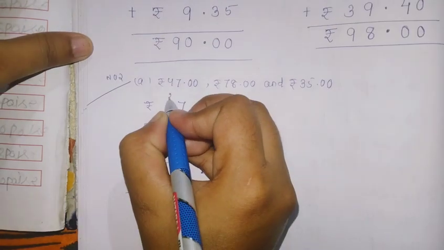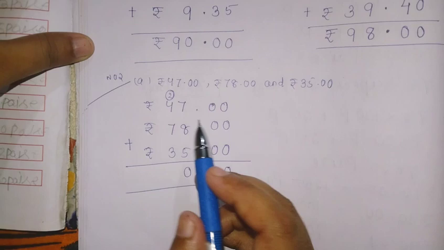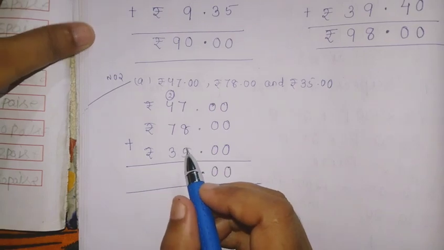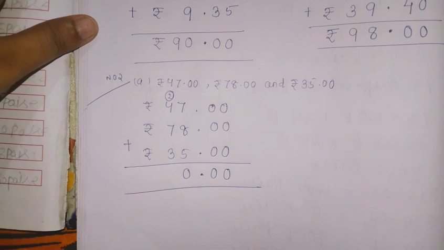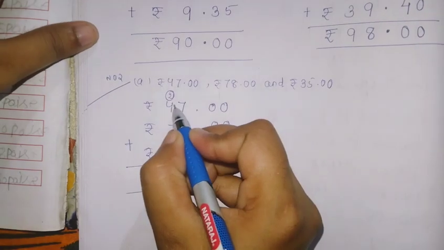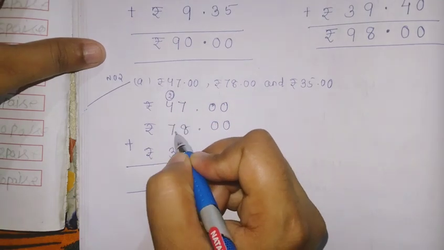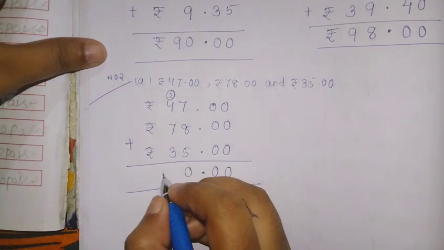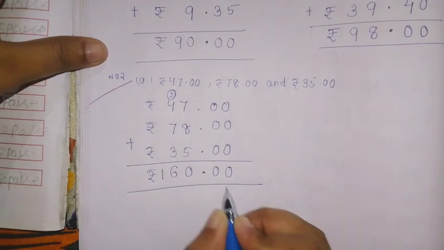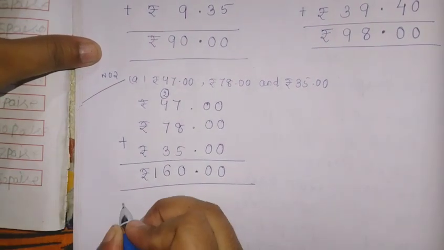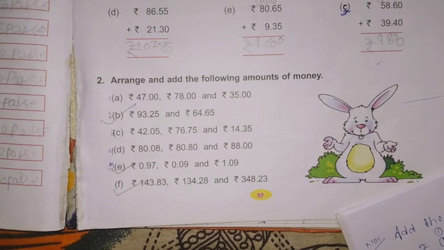Then we carry 2. 4 plus 2, 6. 6 plus 7, 13. 13 plus 3 equal 16. 160 rupees. Then next, B.